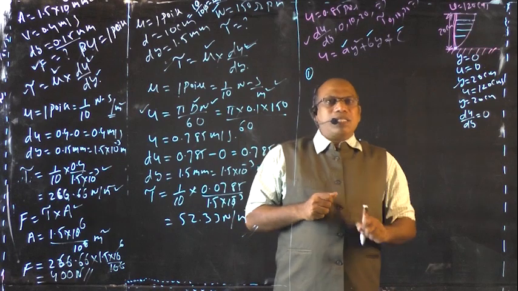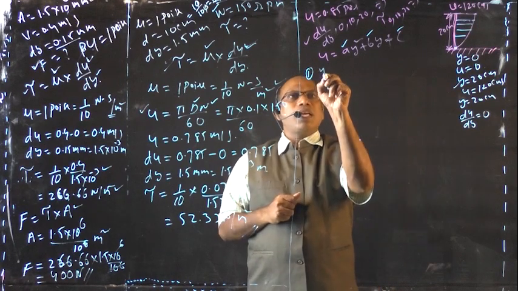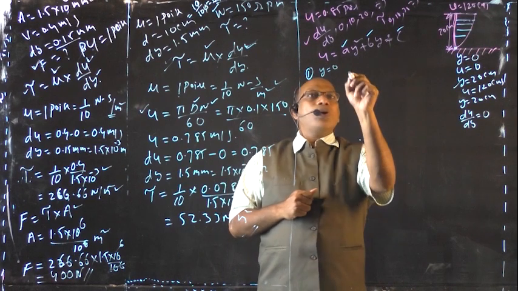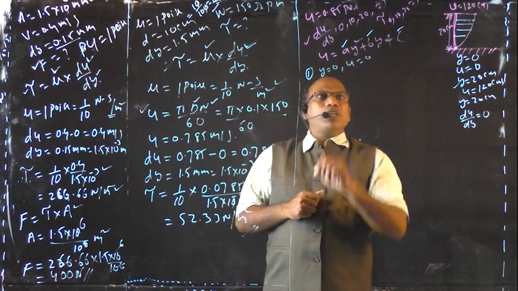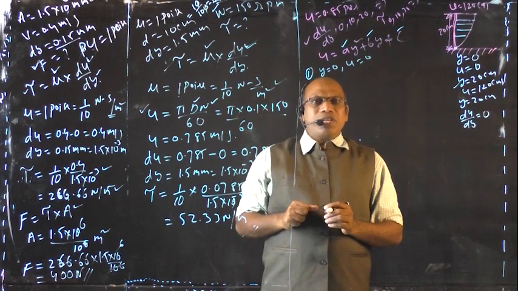Three boundary conditions. Based on the first boundary condition, y is equal to 0, u is equal to 0. Now we are going to substitute these values in the parabolic equation.